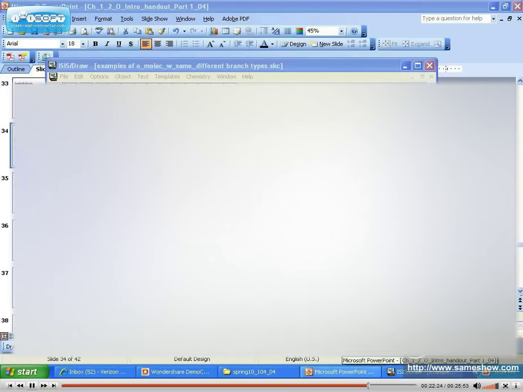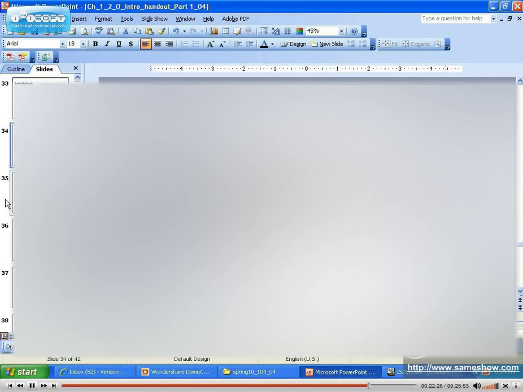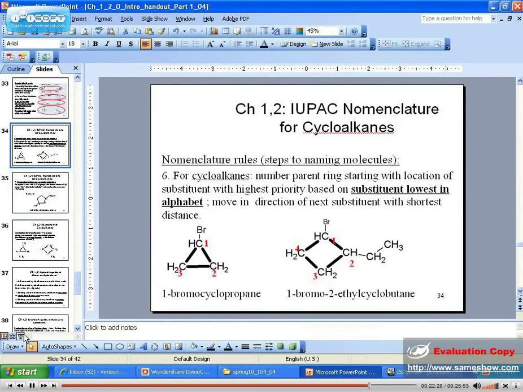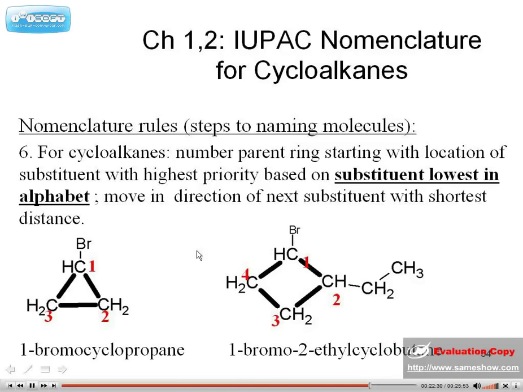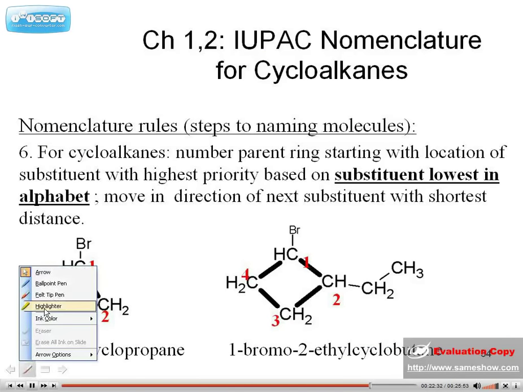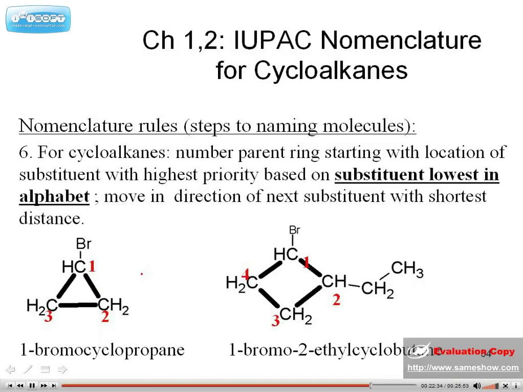Now, finishing up our slides, let's go back to the PowerPoint, slide 34, and finish this up. If you're dealing with cyclic alkanes, where the carbons are connected forming a cyclic structure, I don't want to use the word circle if I can't help it, because some of them are triangle shaped, as this one right here.